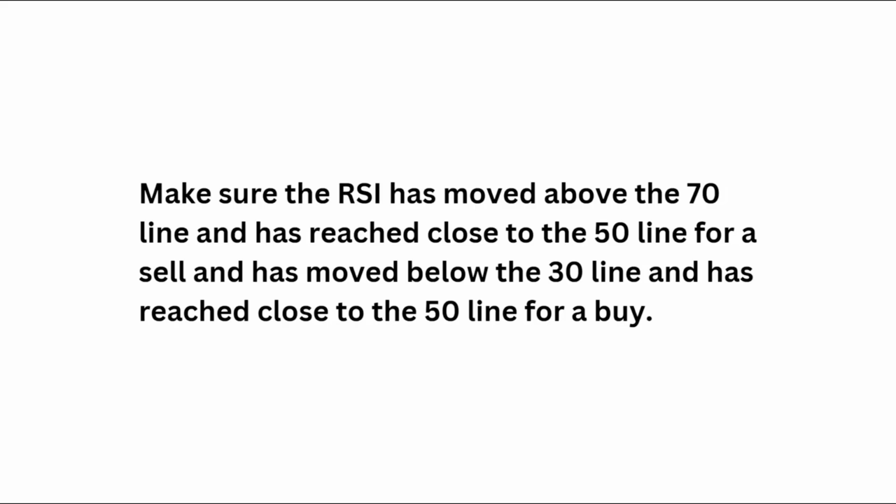Make sure the RSI has moved above the 70 line and then has reached back down close to the 50 line for a sell, and then has moved below the 30 line and has reached back close to the 50 line for a buy.